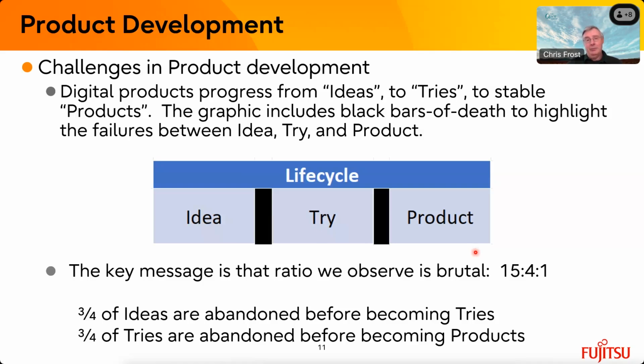And yeah, the word we've used is brutal, because it really does show the reality of these sorts of approaches, where you do have to be prepared for having maybe 15 good ideas before you can get to one viable product that is actually successful at scale and over time within the marketplace.